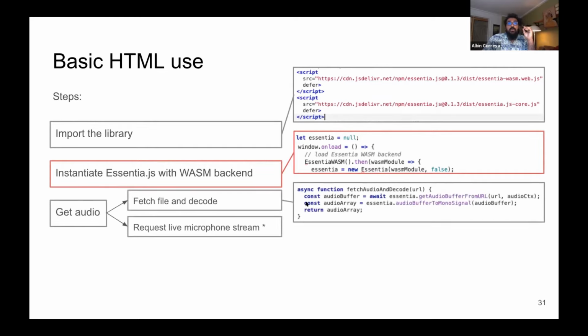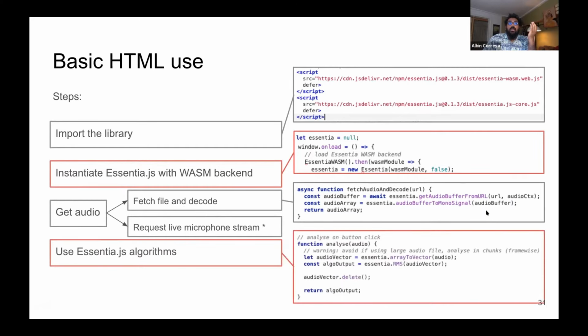And the next thing is we want to compute some feature for audio, right? So you get the audio, or fetch the file and decode. In this case, we are using the WebAudio API under the hood to fetch and decode. And then once you have the audio data, which is the Float32Array data, we convert it into this vector representation, a VectorFloat, to use it in Essentia algorithms.